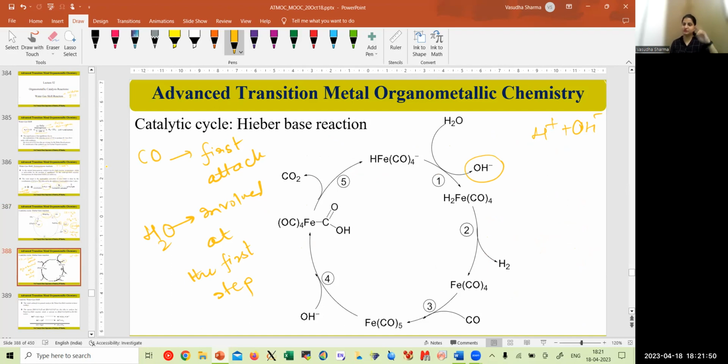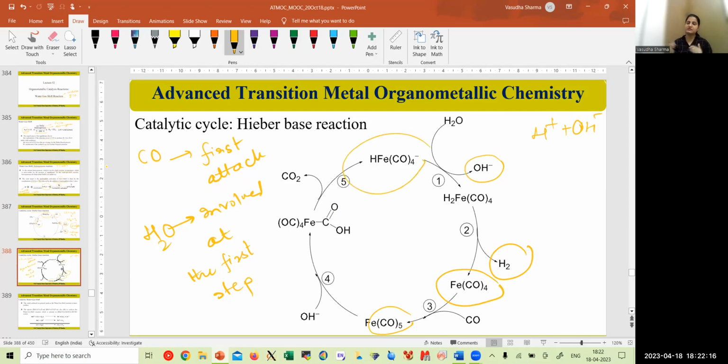Now, since two hydrogens are there, they can easily form the hydride and release as H2, which will give you an iron carbonyl. Now we are involving the carbon monoxide at the third step. The carbon monoxide will give you again the carbonyl, and since we released the hydroxide at the first step, the hydroxide will come and give you the acid. It will release the carbon dioxide, and ultimately you will end up with the product.